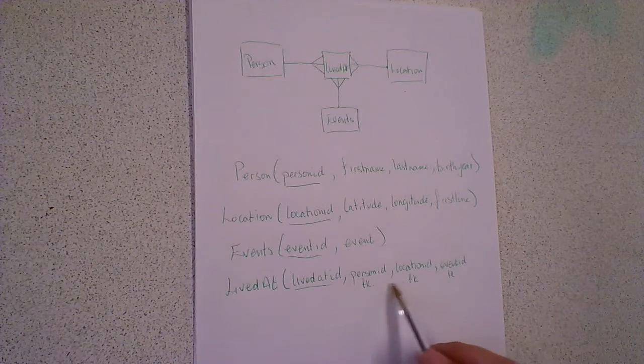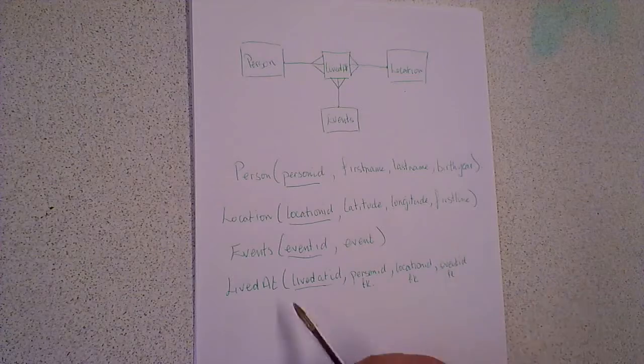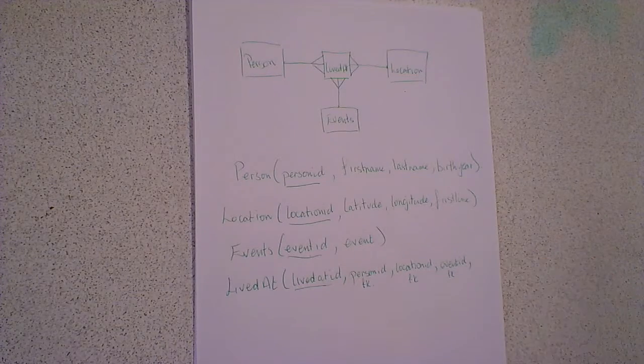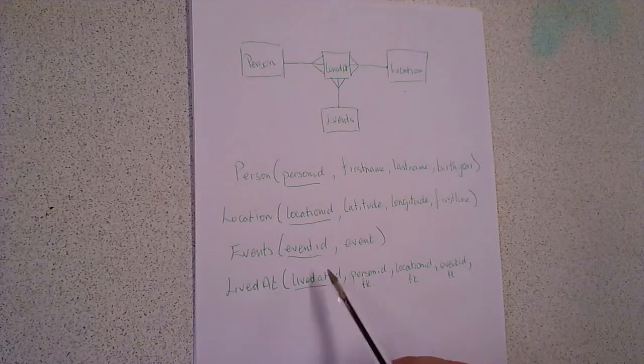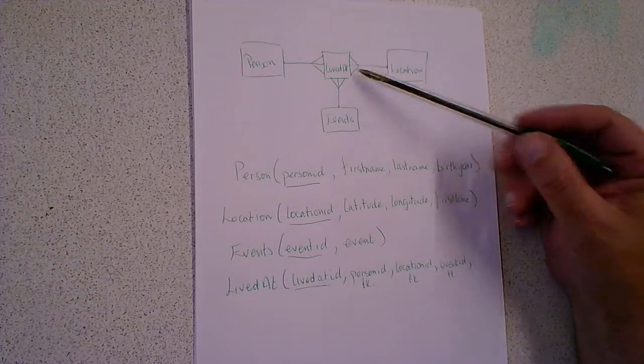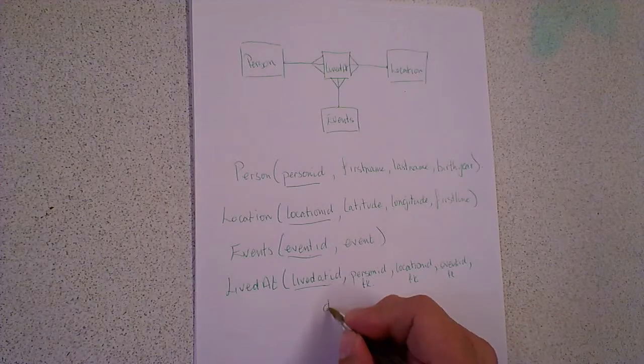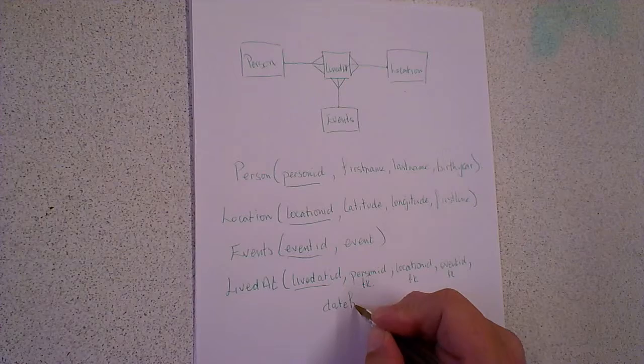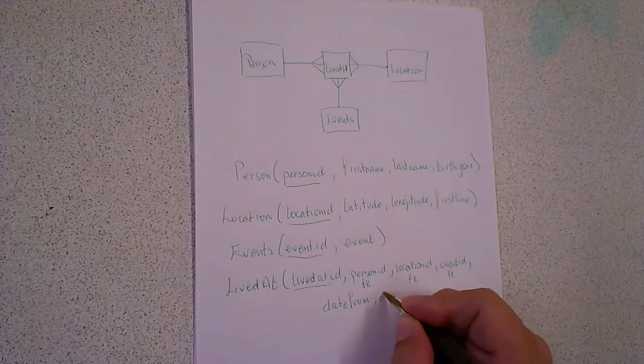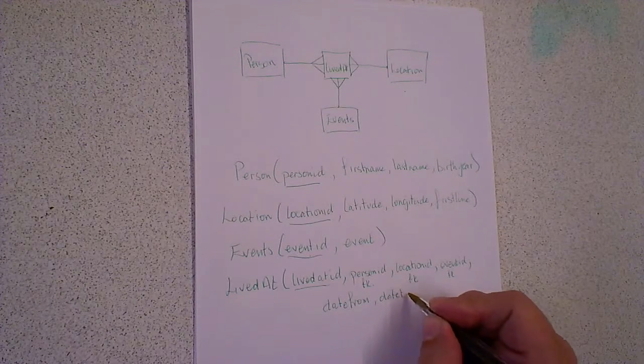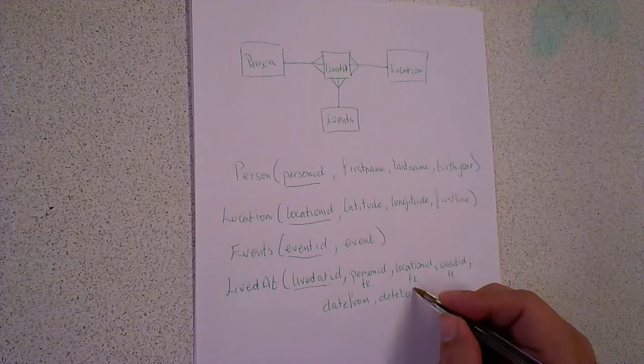So it's okay having all these keys, but we also need some data which will go into the table. And the two pieces of data I'm going to have, if they've lived at a particular address, maybe I need to know the date from and the date to. So when did they live at that address?